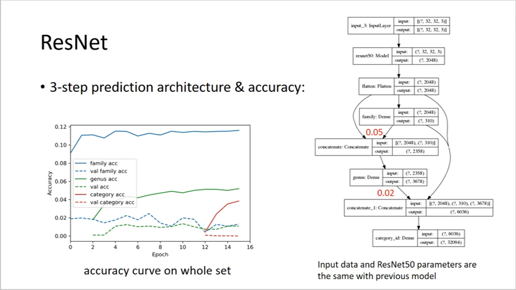But the validation accuracy is not as high as the training accuracy. For category prediction, the accuracy on training and validation are very poor. Especially on the validation set, the accuracy remains zero all the time.